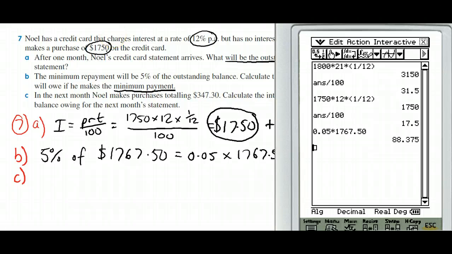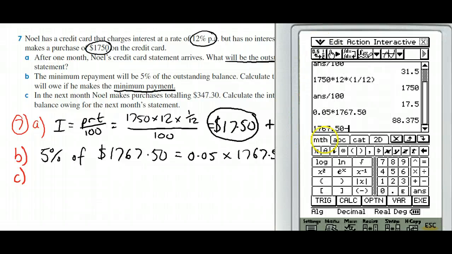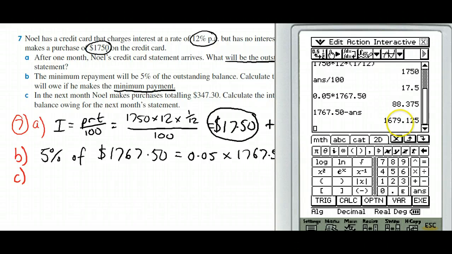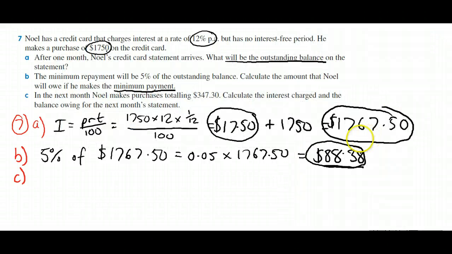Let's do that first. 1767 and 50 cents minus the answer from the previous question, which was $88 and all that, and now he owes $1679.13.